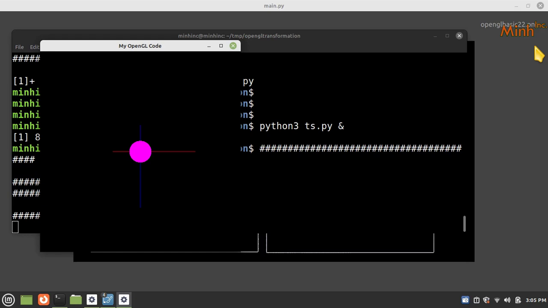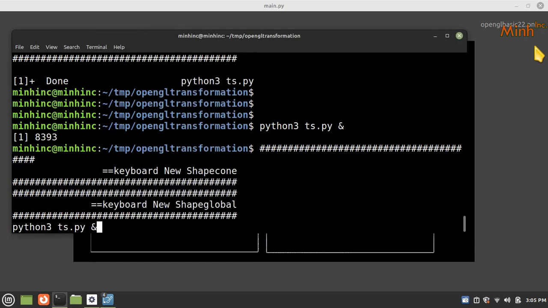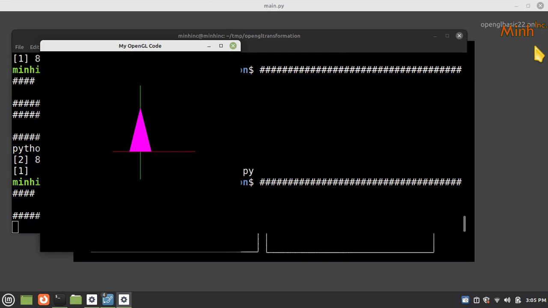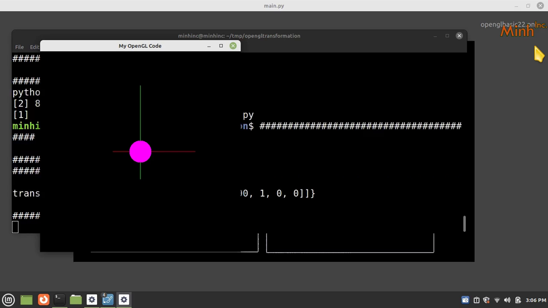First we'll be in global only, and we'll rotate this. Now we'll move it right. You can see this cone.